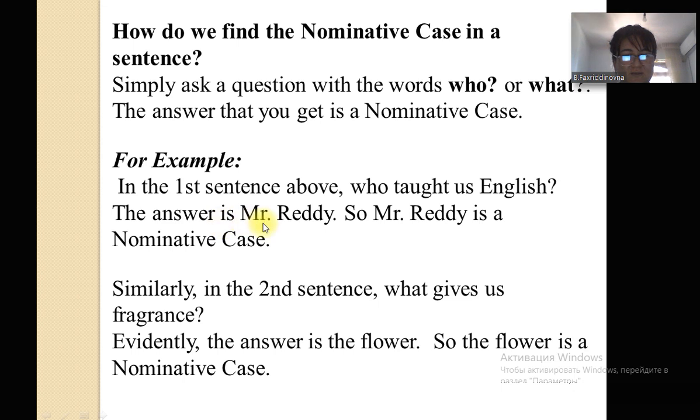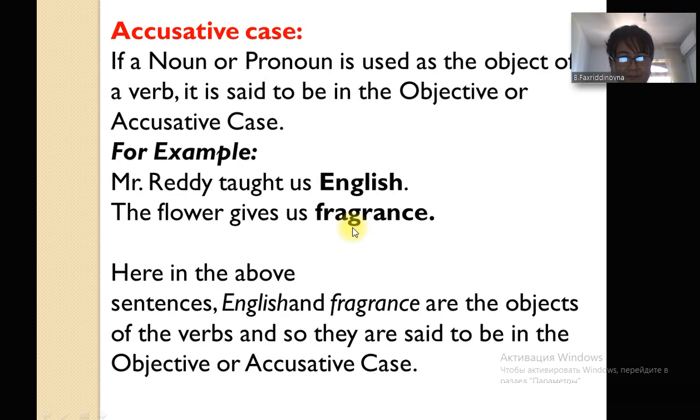The answer is Mr. Reddy. So Mr. Reddy is the nominative case in the sentence. And similarly, in the second sentence, what gives us fragrance? Evidently, the answer is the flower. So the flower is the nominative case in this sentence.